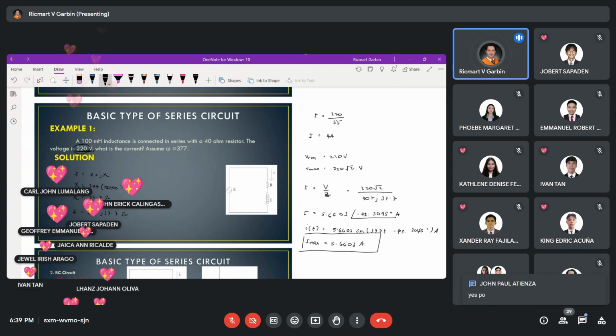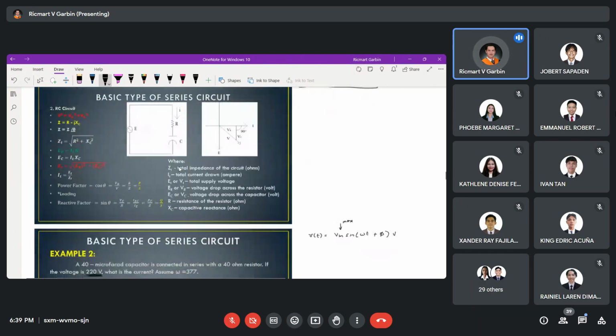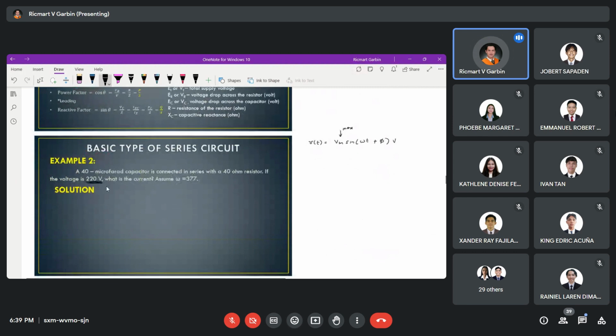Okay. So kindly go back to our previous problems. Tapos pakitingnan kung hindi natin nagawa yung pag-multiply. Halimbawa dito, ang naging sagot natin sa problem number 2 ay 2.84 amperes.